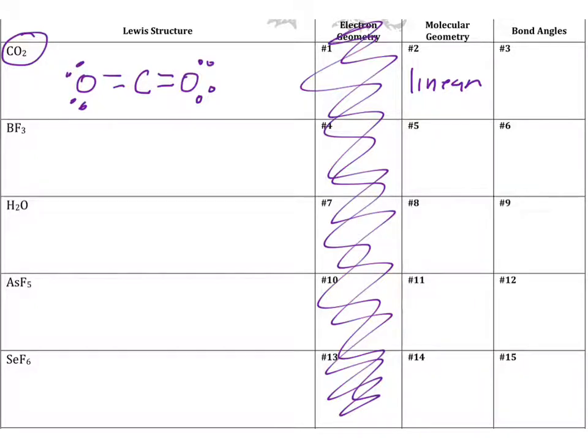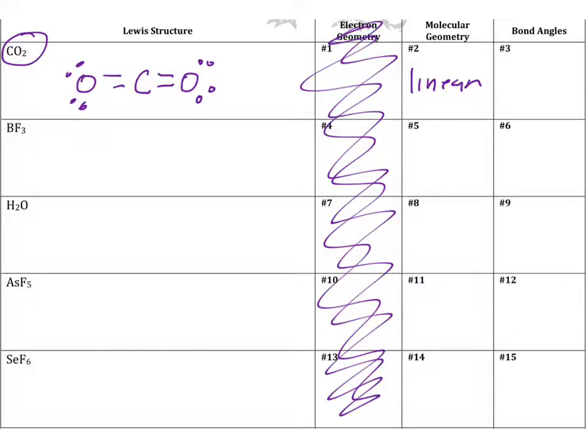All right, next one. This BF3, there's 3 fluorines on the central atom. Again, 2 possibilities. It's either going to be trigonal planar or trigonal pyramidal. The difference between the 2 is whether or not the central atom has lone pairs. If the central atom has lone pairs, it's going to be trigonal pyramidal.